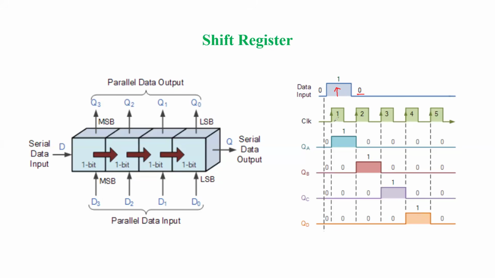Now in the clock pulse, you see that it has a transition from 0 to 1. That means the flip-flop is going to trigger when the transition takes place from 0 to 1. That is called a positive edge triggered flip-flop.